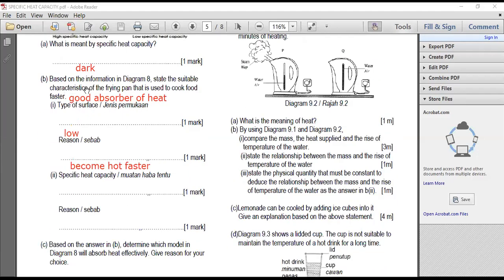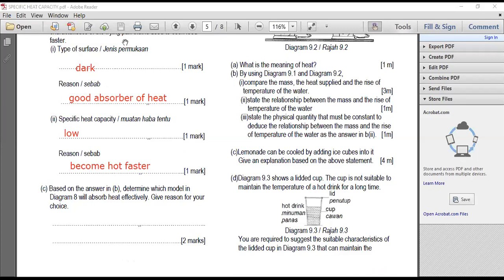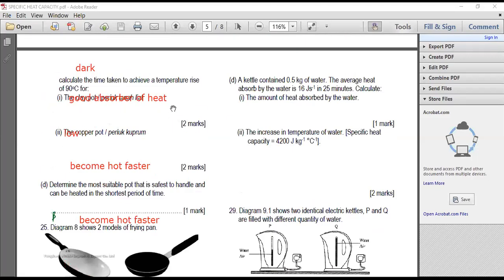So the model will be B. Reason: become hot faster, or easily become hot.